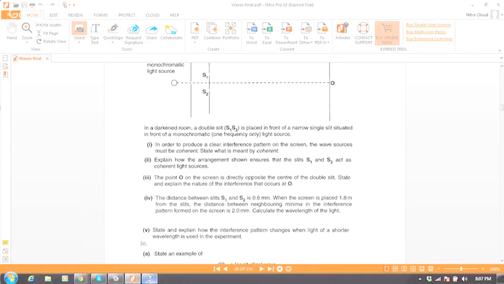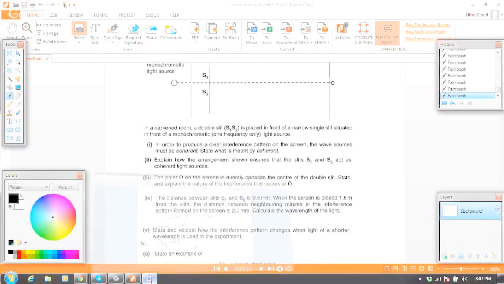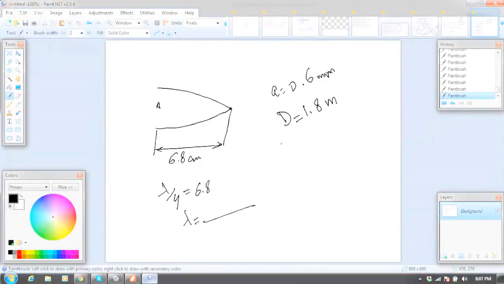The distance between neighboring minima, that is the value of x, is given as 2.0 millimeter. You need to find the wavelength. So lambda can be found from the formula x = lambda D by a. So you had to find the wavelength, that is x into a divided by D, and hence you get it.